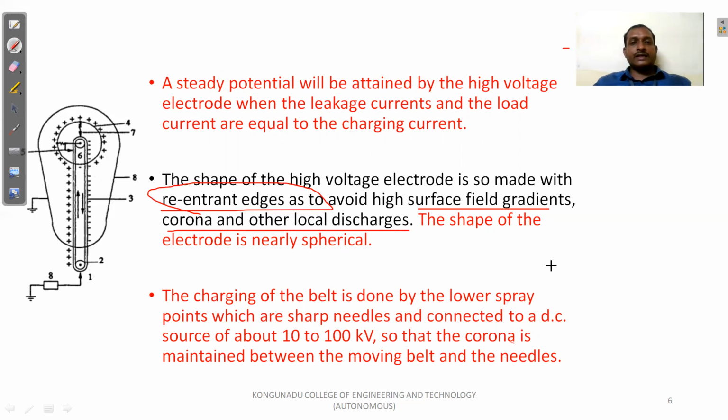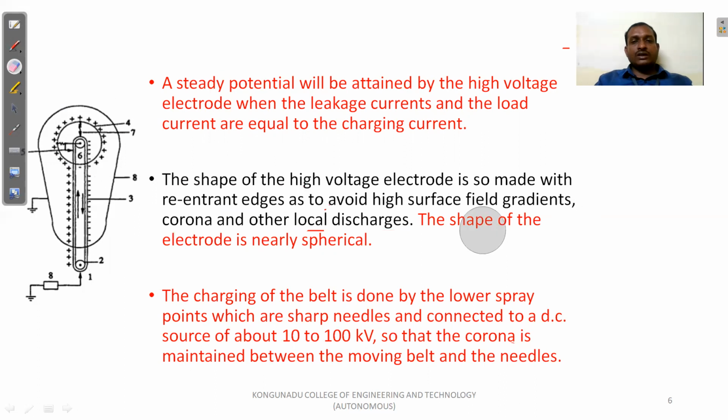Generally, the shape of the electrode is nearly spherical.